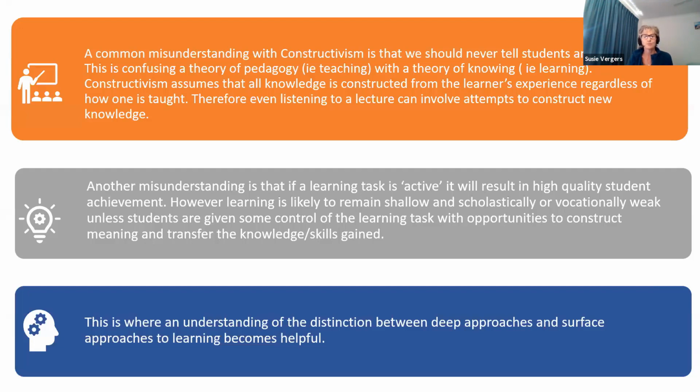So it's really important that we get out of our active learning high quality student achievement, the results that they need to do. And that's where having an understanding of the distinction between deep approaches and surface approaches to learning becomes useful.